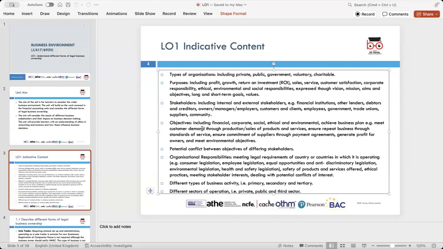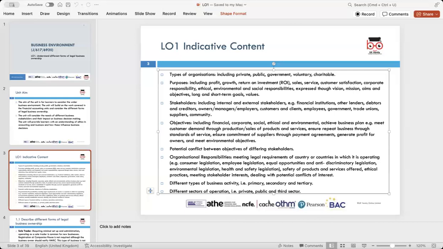When we talk about objectives: financial, corporate, social, ethical and environmental objectives, and achieving business plans such as meeting customers' demand, ensuring repeat business through service standards, committing to suppliers through payment agreement, generating profit for owners, and meeting environmental goals.